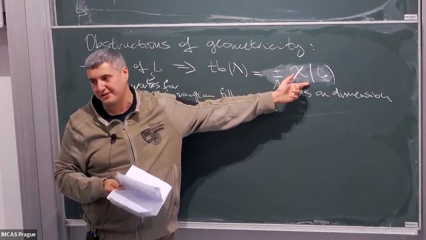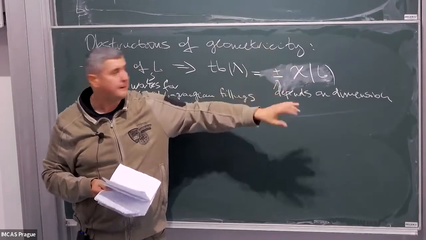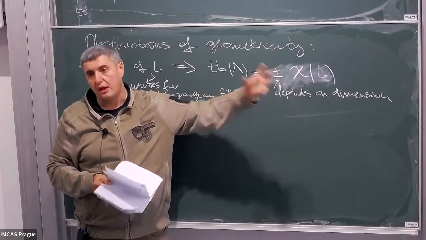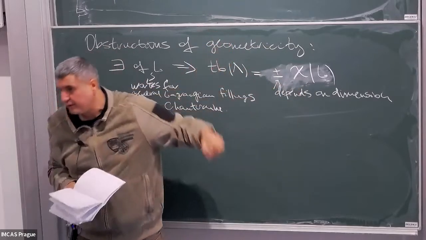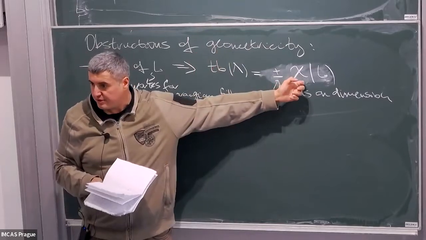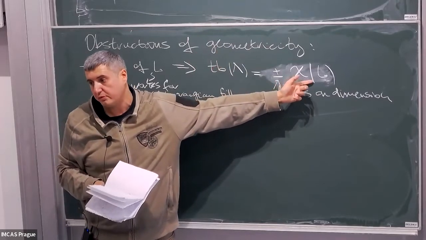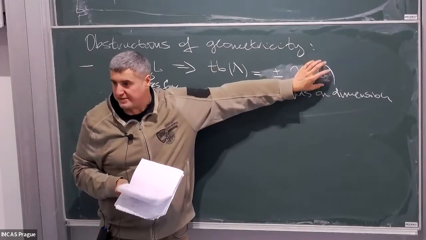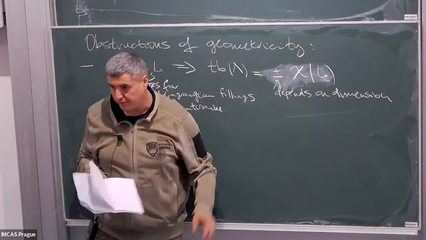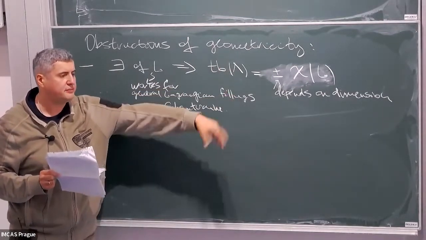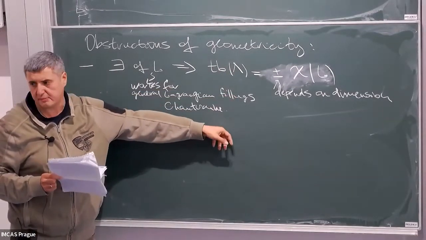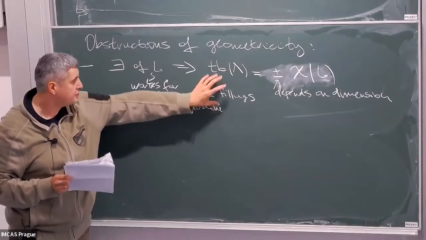Legendrians in dimension 3 are one-dimensional, hence Lagrangian fillings are two-dimensional, so the Euler characteristic can be written in terms of genus for orientable Lagrangians. It's due to Chantraine in dimension 3, and in high dimensions there is an obstruction like that too.